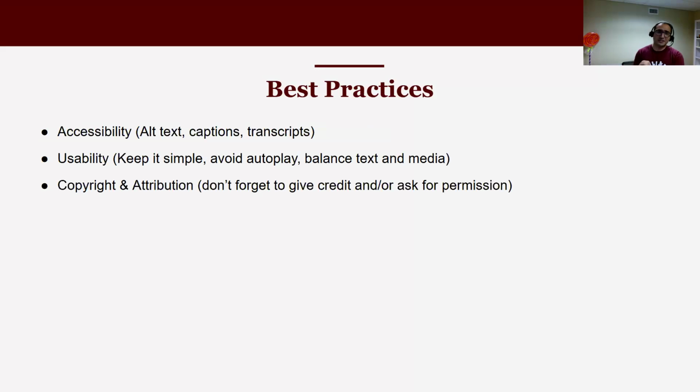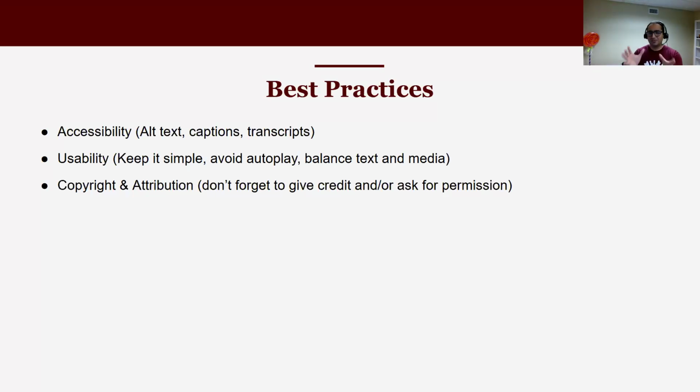Make sure your images have alternate texts for accessibility reasons, and your videos have closed captions or transcripts attached to them. And for usability purposes, keep the embedded content simple. If it's a video, avoid autoplay and balance text and media.